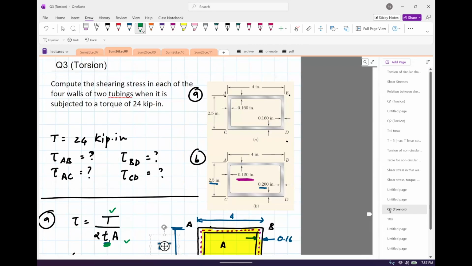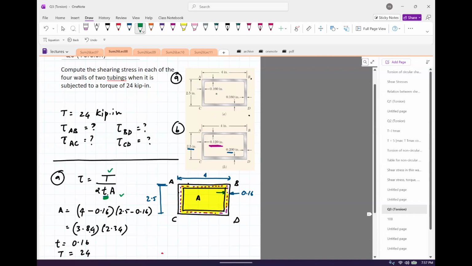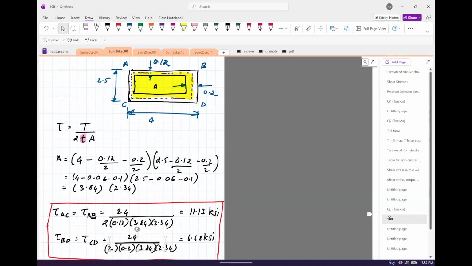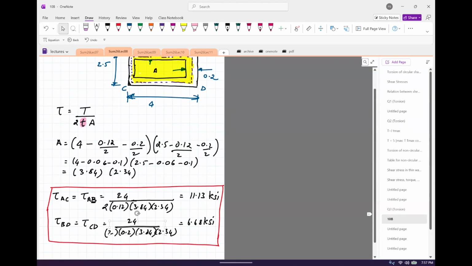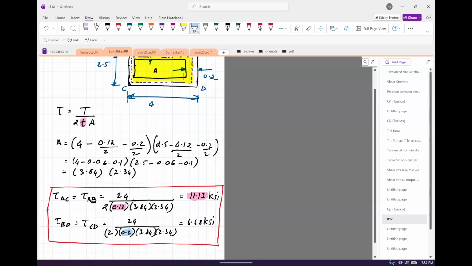Then we have 8.35, I think it's here, 8.35 for this section, so for part B. And then for this 0.2 part, we have 11.13. So in other words, the thinner the section is, the higher is going to be the stress. Sorry, in this case, my bad. Yeah, sorry, I was right. So the thinnest one is going to have the highest stress, and the thickest one is going to have minimum stress.